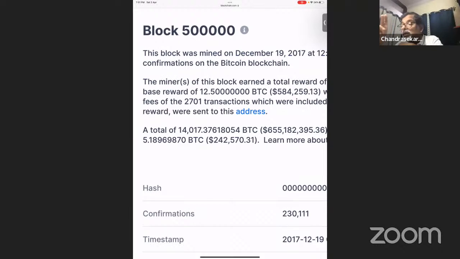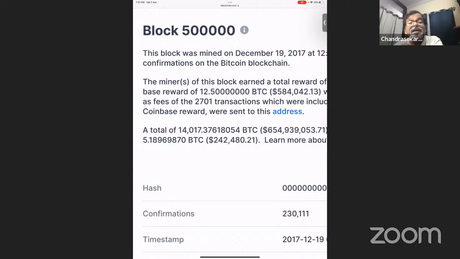Each included transaction has given some transaction fee. All those transaction fees will be added, and that will be given in addition to the block reward that he has earned, right?